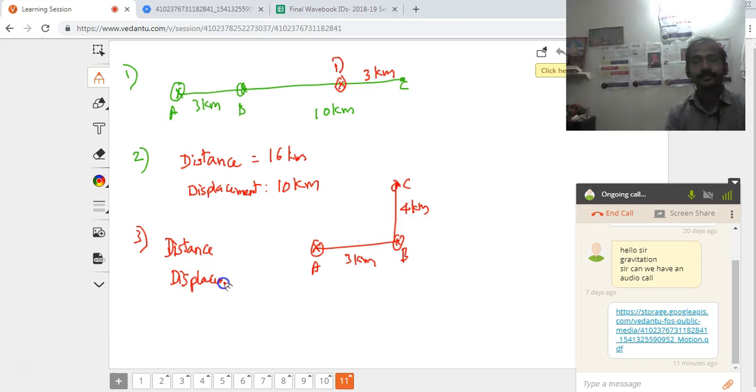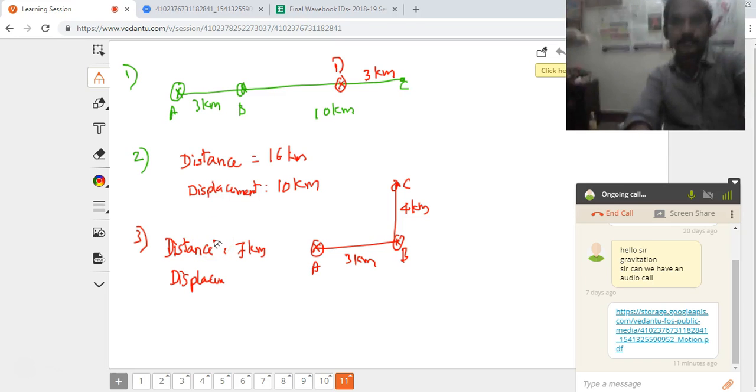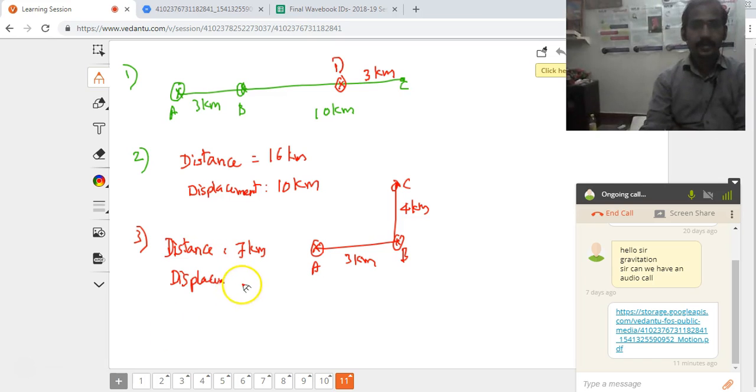Distance is 7 kilometers. And displacement is 5 kilometers. How did you calculate 5? By Pythagoras theorem, A to C. Very good. This also you can solve.